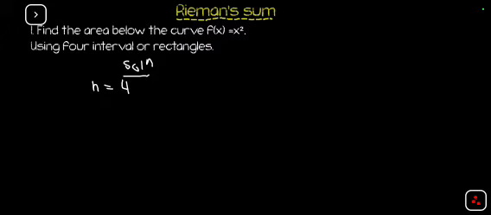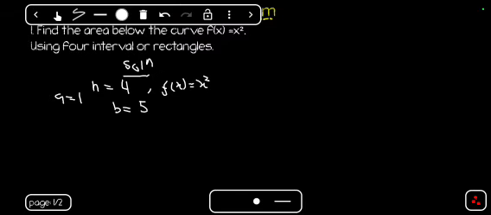And the function f of x was given in the question: f of x is equal to x squared. Sorry, they didn't give the two extremes, but I'll input my own. Let's use A, the lower limit, to be equal to 1, and the upper limit B to be equal to 5.